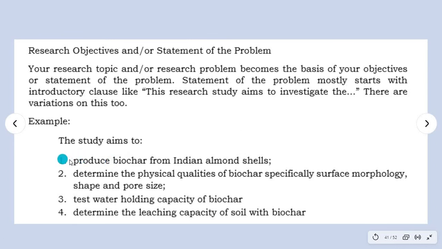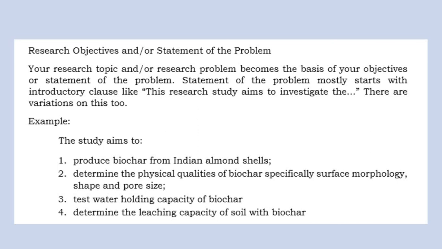So this one, produce biochar from Indian almond shells, comes first. This is the guide for what will happen in your data gathering. It is an objective, so it is our goal in our research. Okay, number 1, he wants to produce biochar from Indian almond shells.